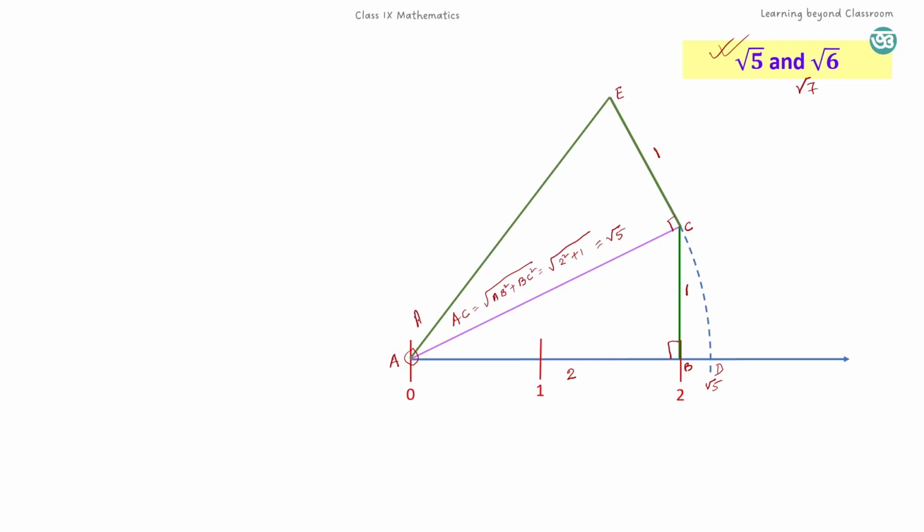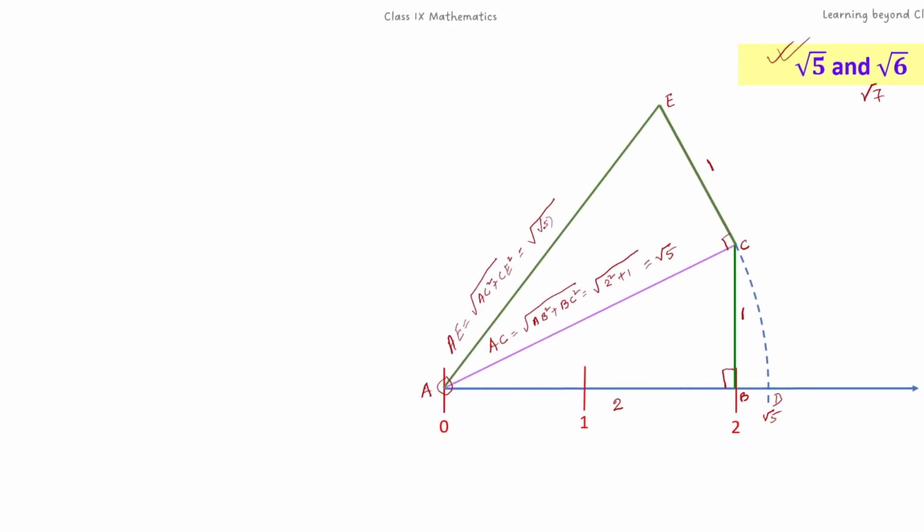So AE is equal to root over AC square plus CE square, and that is equal to root over AC, which is root 5, square plus CE, which is 1, square. So this is equal to root over 5 plus 1, and that is equal to root 6. So AE is equal to root 6.